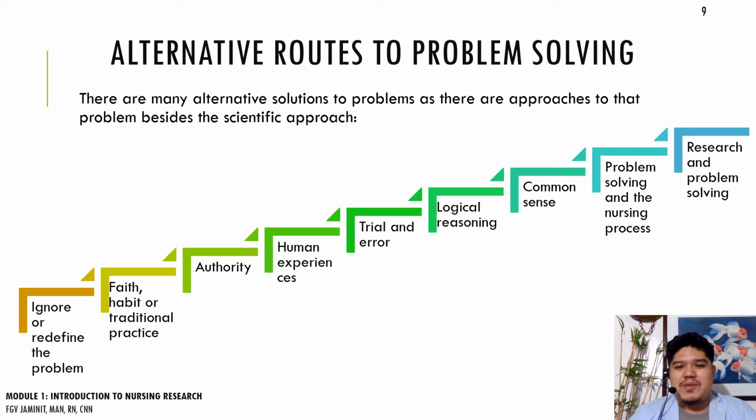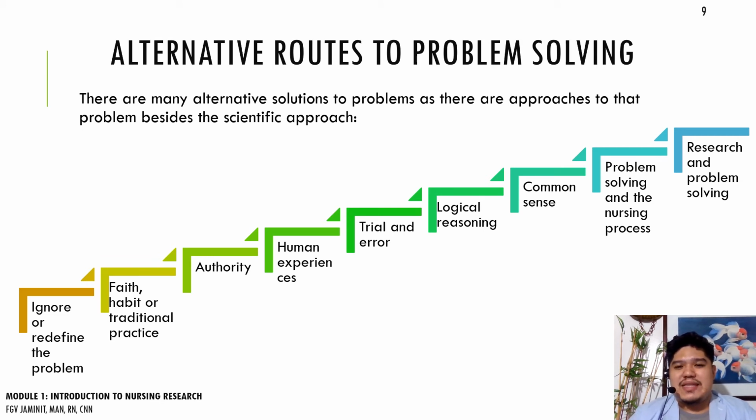Alternative routes to problem solving. There are many ways on how, as an individual or human, we correct or solve our problems. So the following are the different approaches that we may have been doing since before.